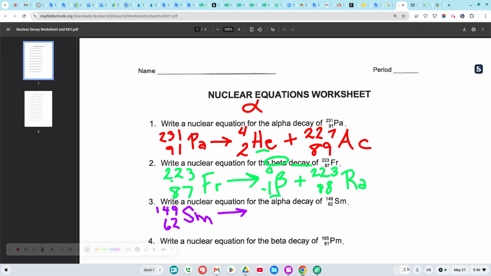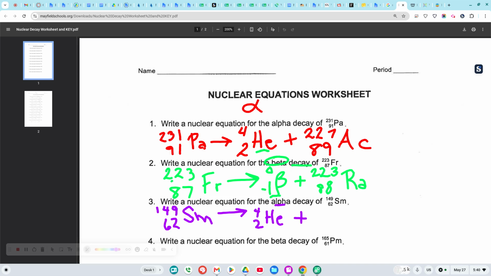And since it's decay, we have an alpha particle. So that's our 4 and our 2 and our helium nucleus, plus, now we have to determine what our new element is.